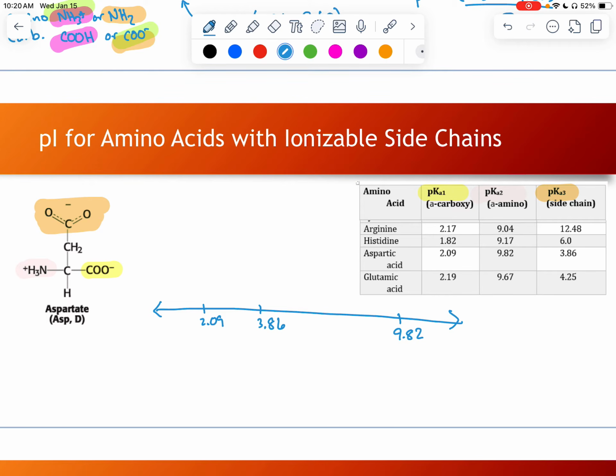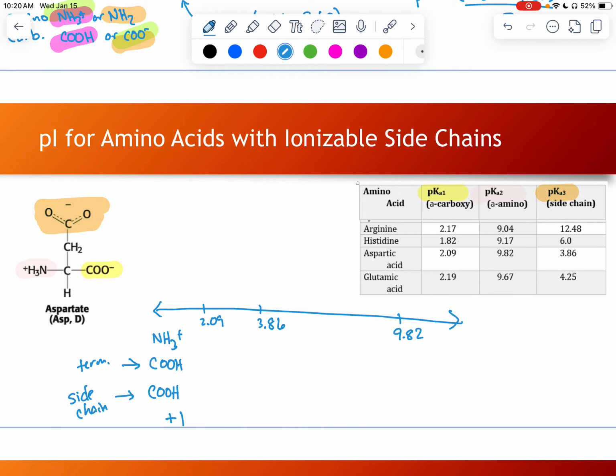So I would have NH3 plus COOH, and for my side chain, COOH, I've got a +1 charge, right? This one would be the side chain one. This would be our terminal one, or carboxylate terminal.